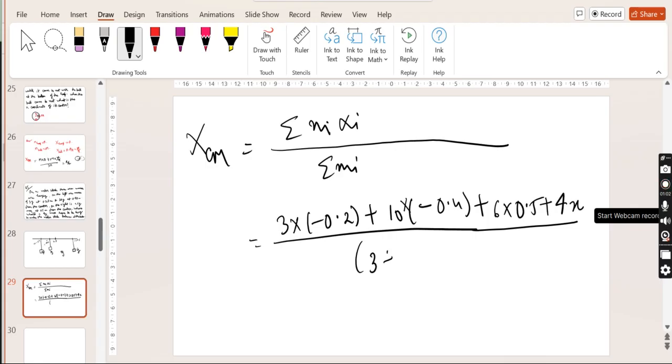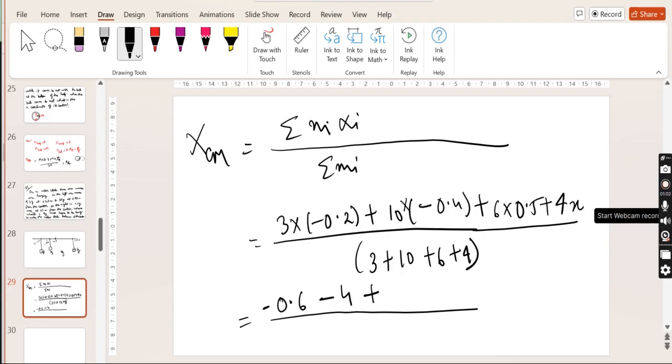It will be divided by 3 plus 10 plus 6 plus 4, that is 23. But we know that at last the center of mass of the whole system should be at the center, so that should be 0.